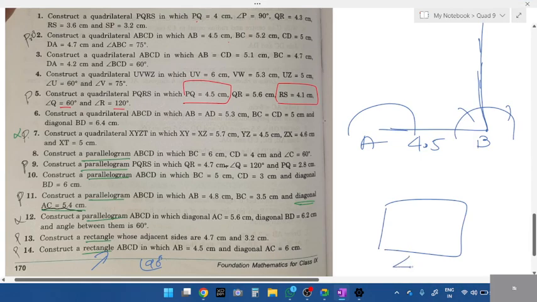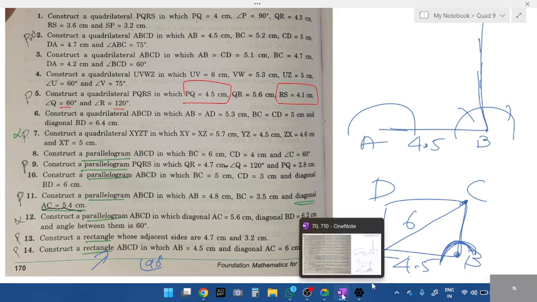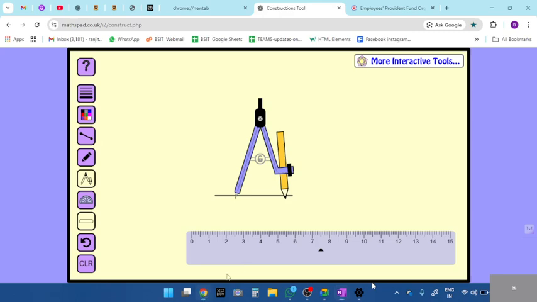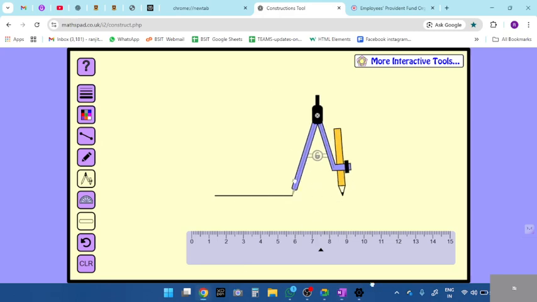Look at the diagram. Stop writing. Look at the diagram. C and D. What is the diagonal value? A to C. What's the diagonal? 6. Where is this A touching? It's touching towards B, right? So where do we need to draw the right angle? You're supposed to draw it at angle B. All of you will construct a right angle here at angle B.